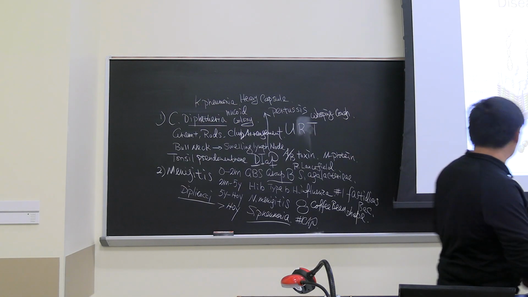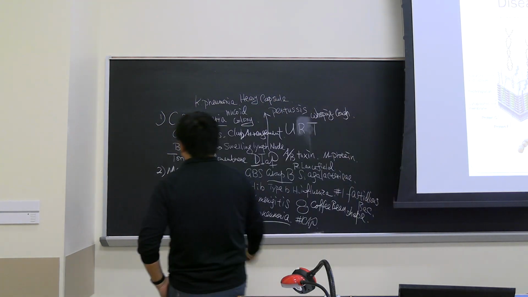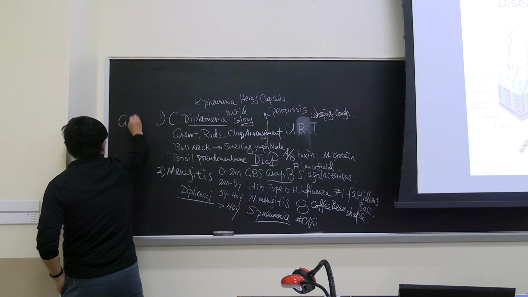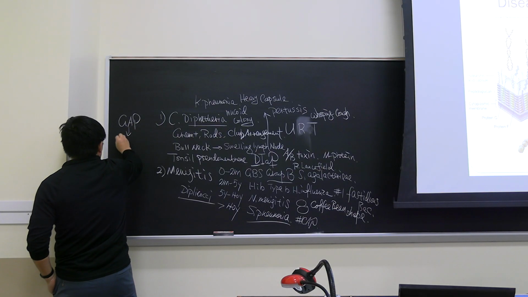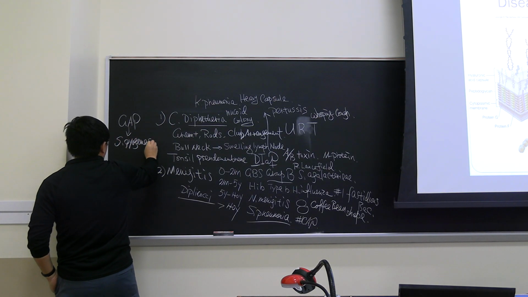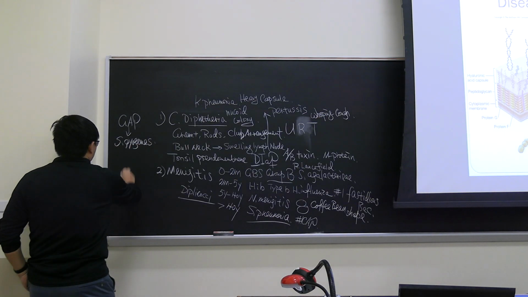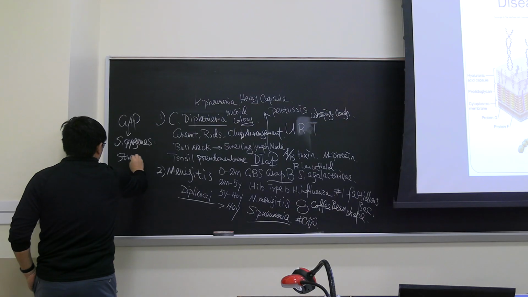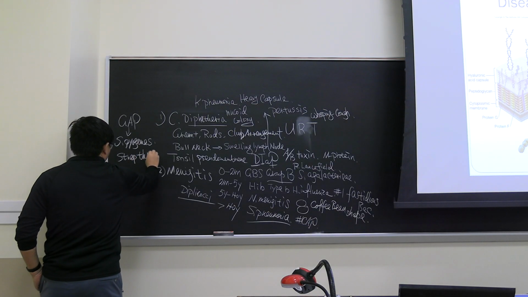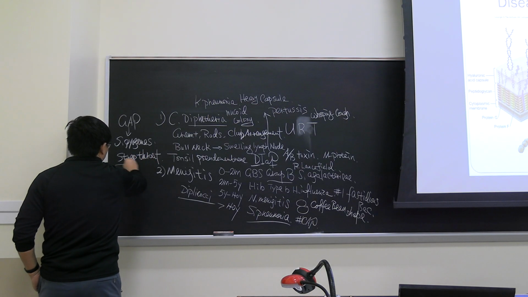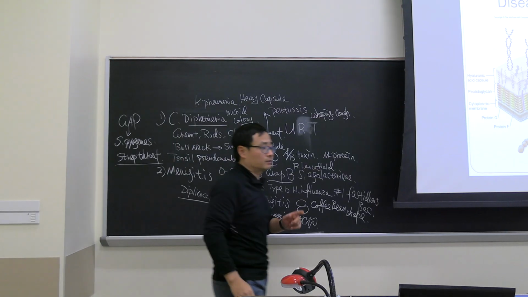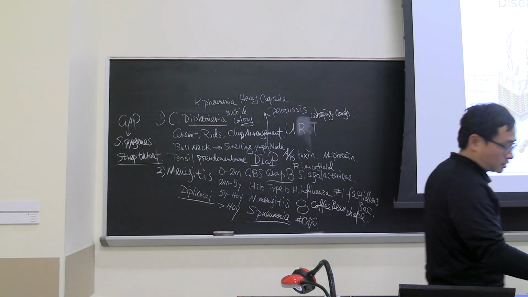Streptococcus pyogenes comes out with a big one. We call it GAS. So that's Streptococcus pyogenes. What is very special? This is called strep throat. But we know that strep throat is a very invasive result.